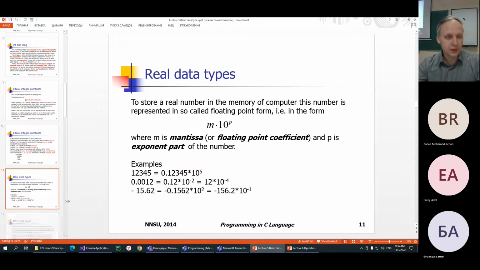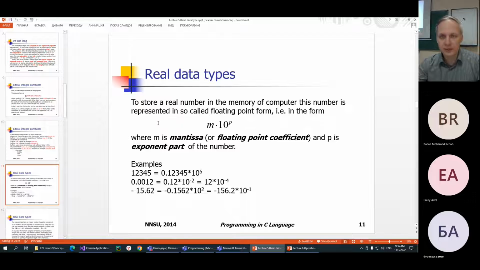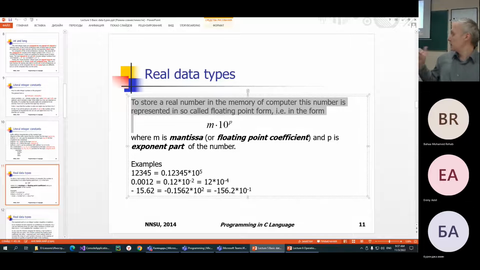That's why the next data type that I want to discuss with you today are real data types. Real data types are the data types that can store real numbers, numbers that contain not only an integer part but also a fractional part.